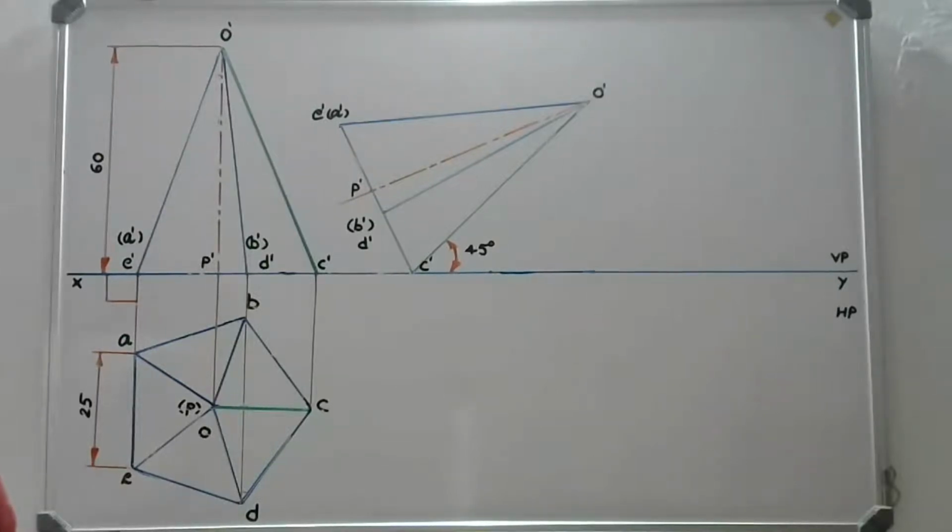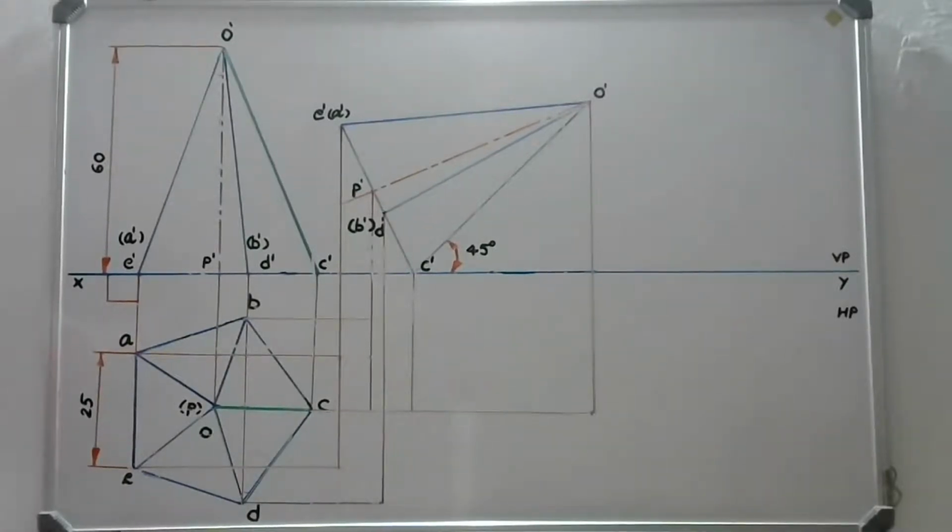Next, the top view. Project all the points in the second front view to the horizontal plane and project all the points from the first top view to the right side. The meeting points will give the second top view.